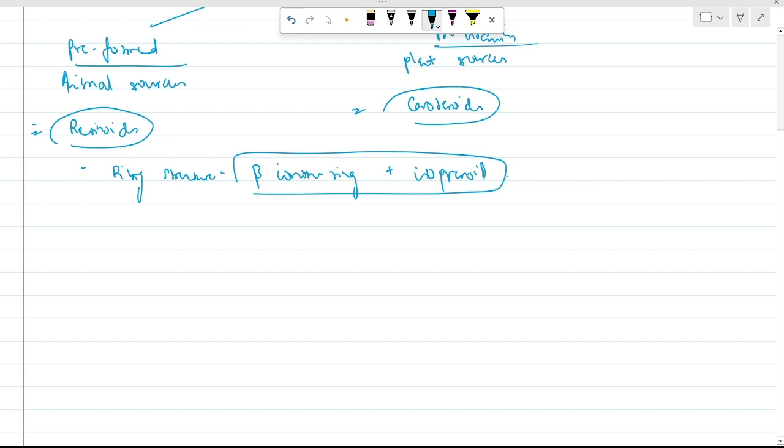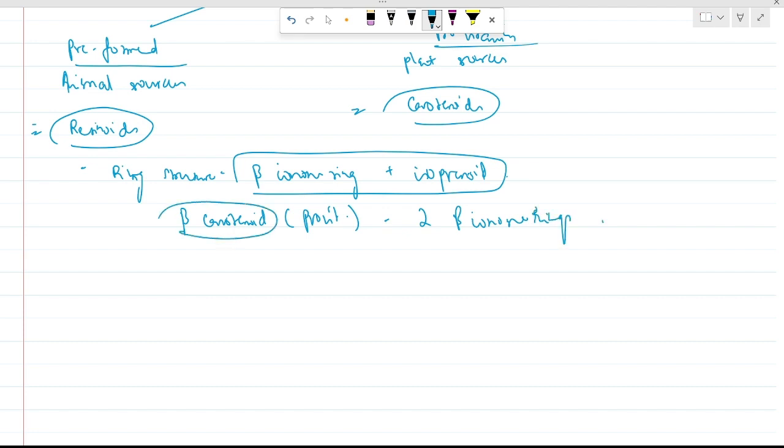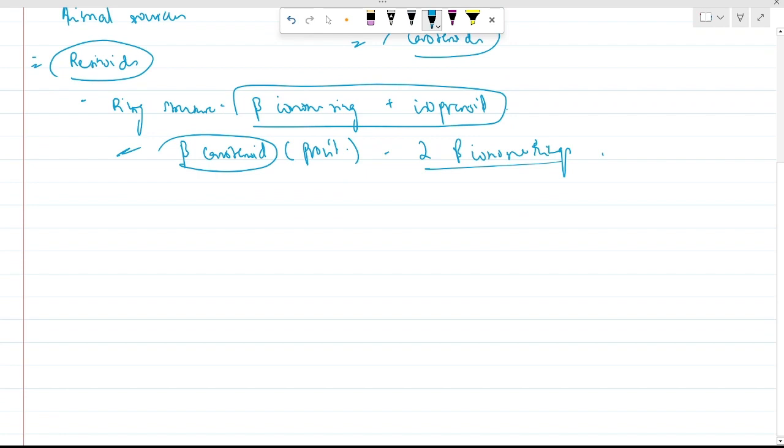Remember, beta carotenoid, that is the provitamin, has two beta ionone rings. Beta carotenoid has two beta ionone rings. Remember this. It's a very important fact.